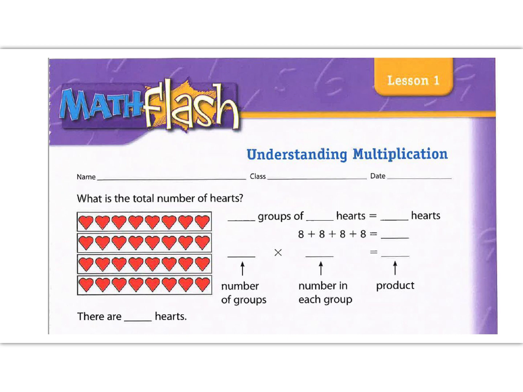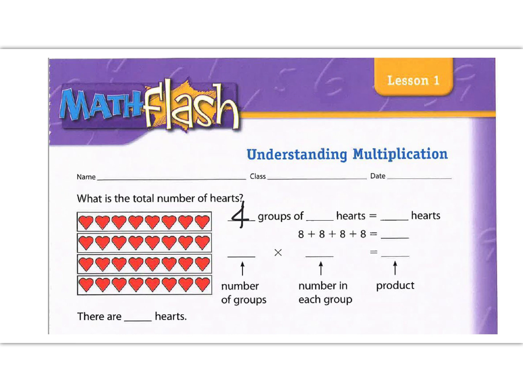All right, now this part of lesson 1, understanding multiplication, is similar to what we were just reviewing. It says, what is the total number of hearts? They put them in groups, these boxes. So we have to see how many groups of hearts. There's 1, 2, 3, 4 groups.